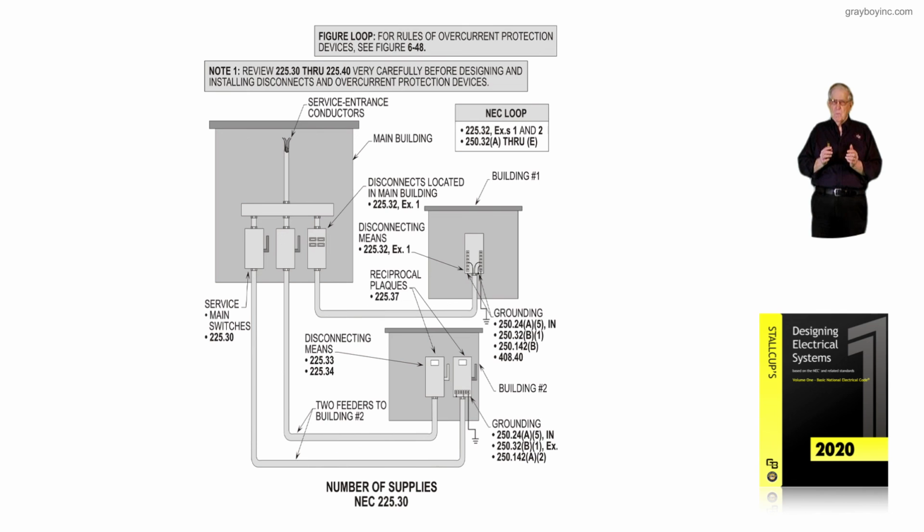It's a little busy with sections, but we are trying to give you the sections you would need to fully understand what you could do based upon the rules of the National Electrical Code, NEC.